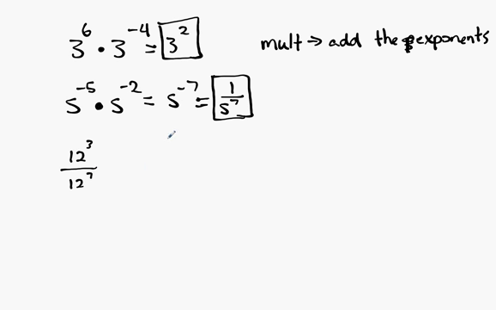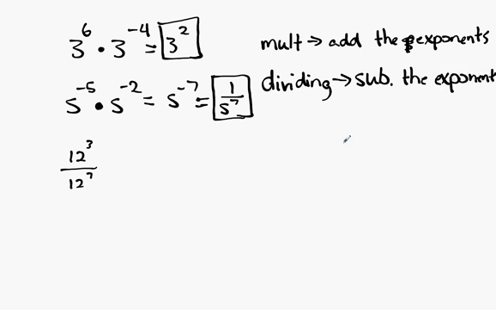If you're dividing, instead of adding your exponents, you're going to subtract the exponents. All right. So in this case, we're going to say, what is 3 minus 7? So 3 minus 7 is going to give us 12 to the negative 4.